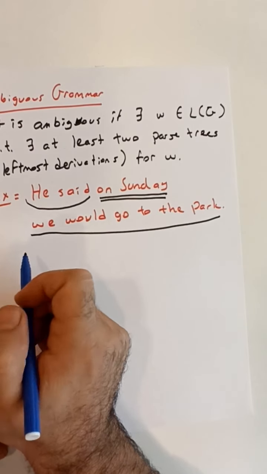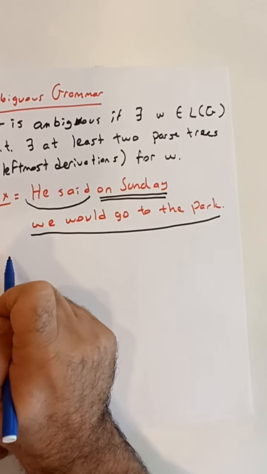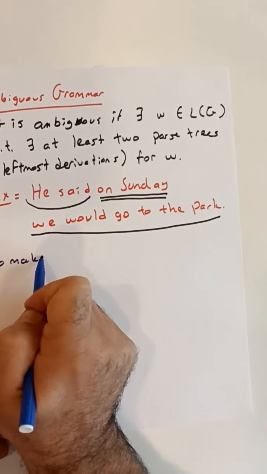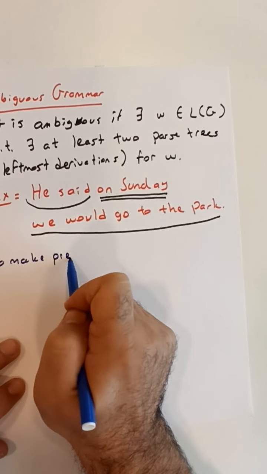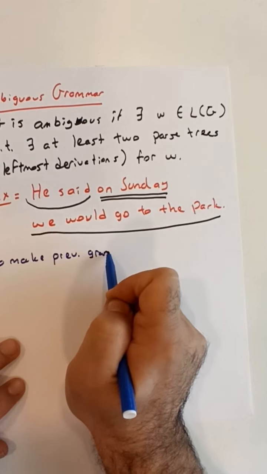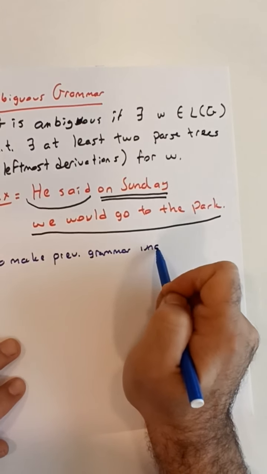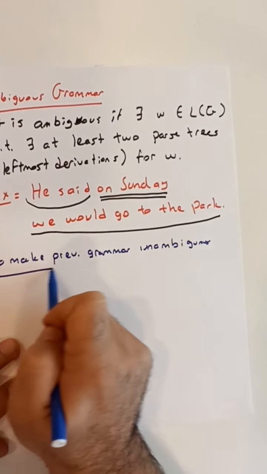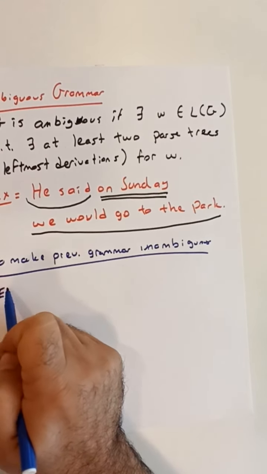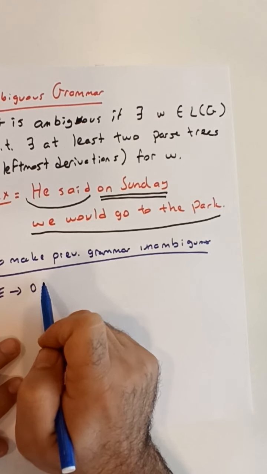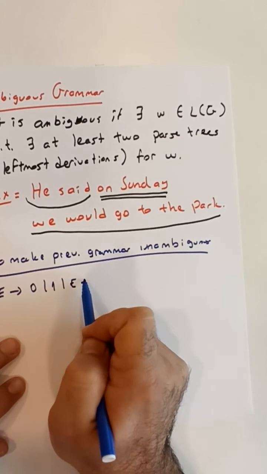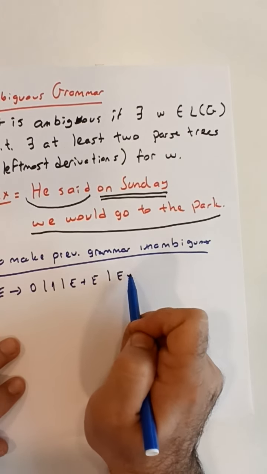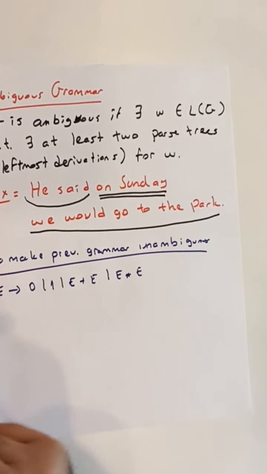Remember, the previous grammar was: expression can be simply a number 0 or 1, or e plus e, or e times e. To make such a grammar unambiguous, we need to decide on two things.